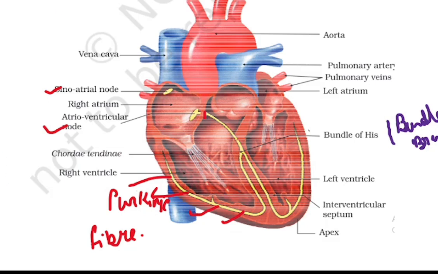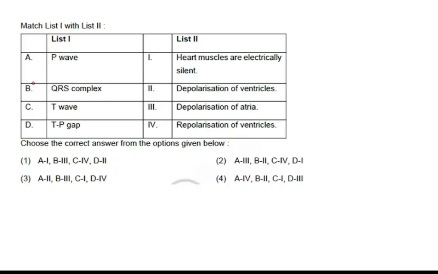Then the second question. It has P wave, QRS complex, T wave and TP gap, and we have to do the matching. P wave goes with depolarization of atria. QRS complex goes with depolarization of ventricle.